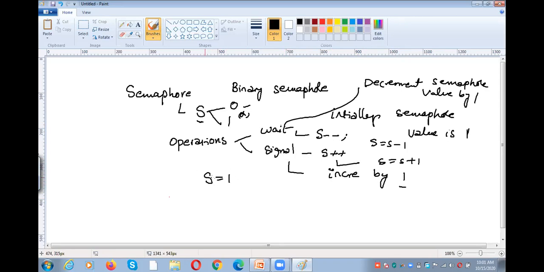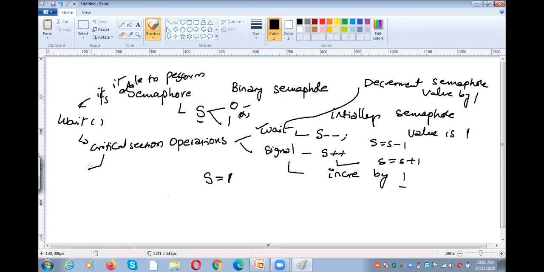What is the initial value of the semaphore? 1. Whenever a process wishes to enter into the critical section, it needs to perform the wait operation first. So first the process has to perform the wait operation, and if it is able to perform the wait operation, then the process is allowed to enter into the critical section.